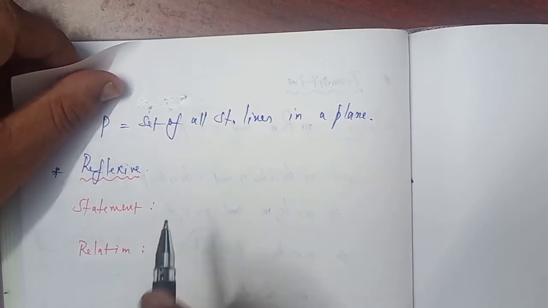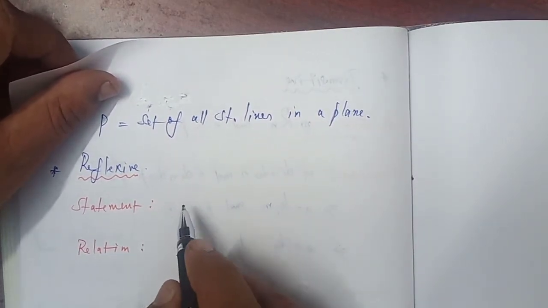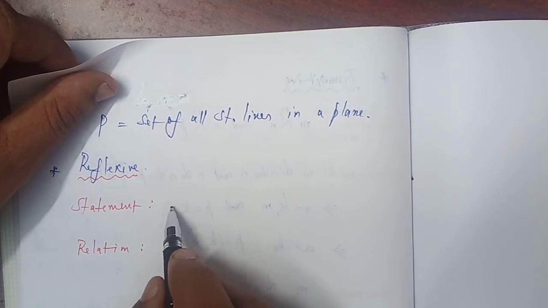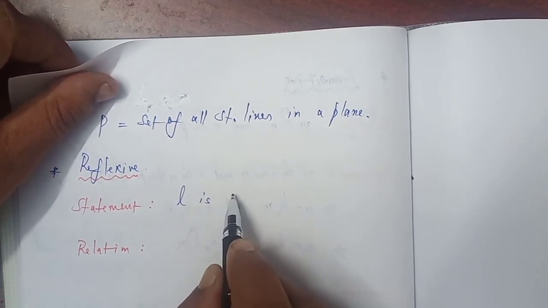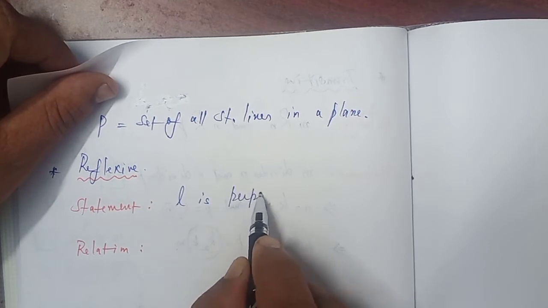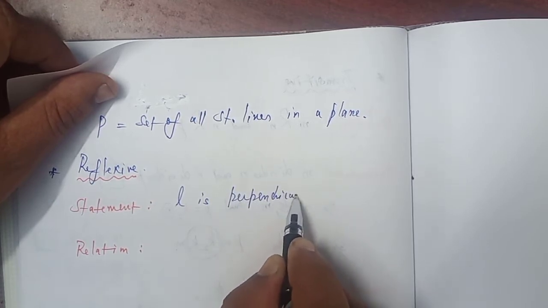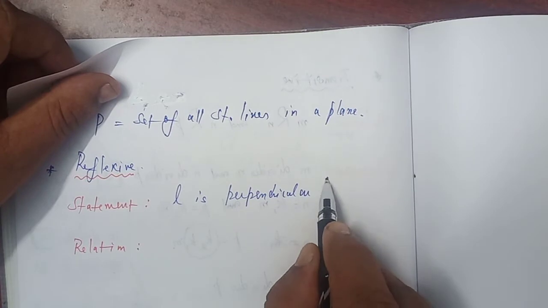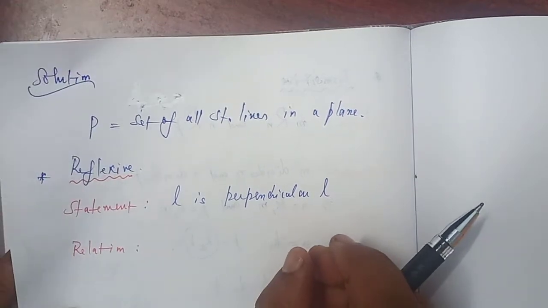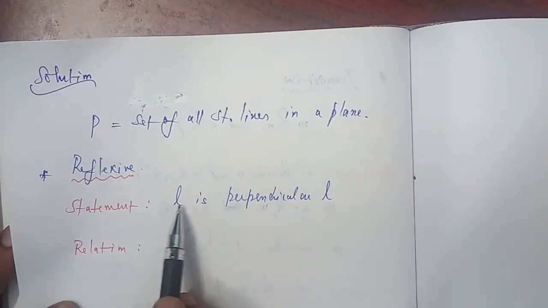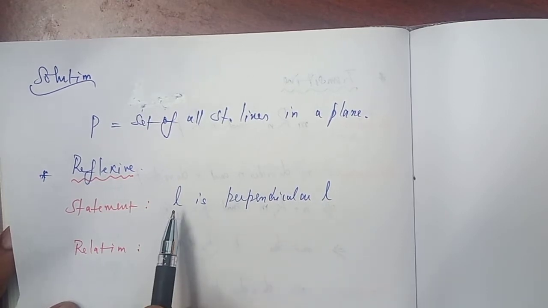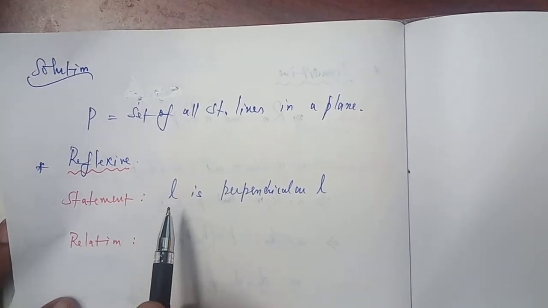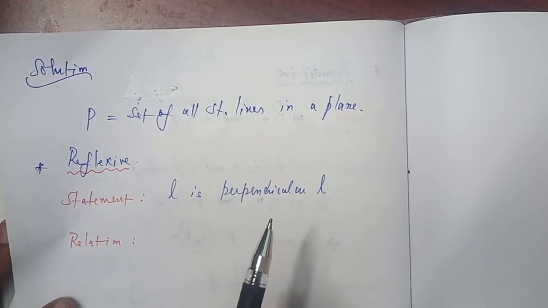In this problem, the statement is L is perpendicular to M. Here we only have to consider L is perpendicular to L. For reflexive, both should always be the same according to the definition of reflexive: A is related to A.